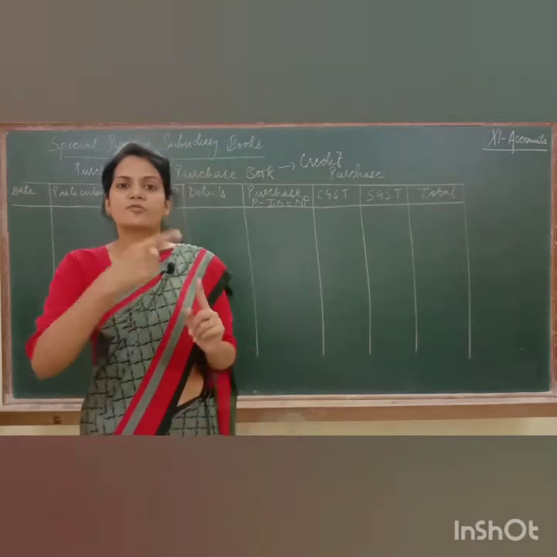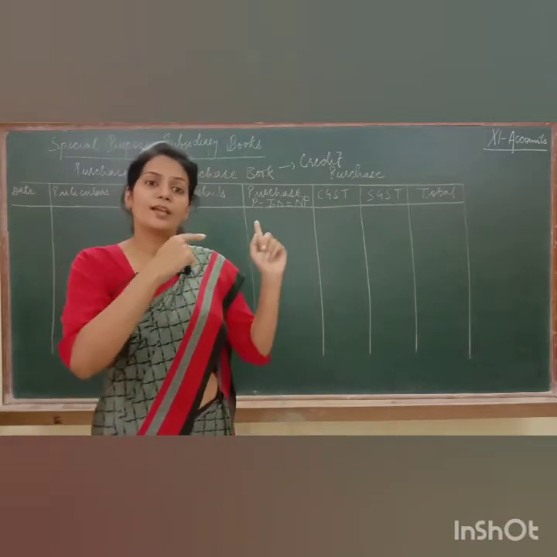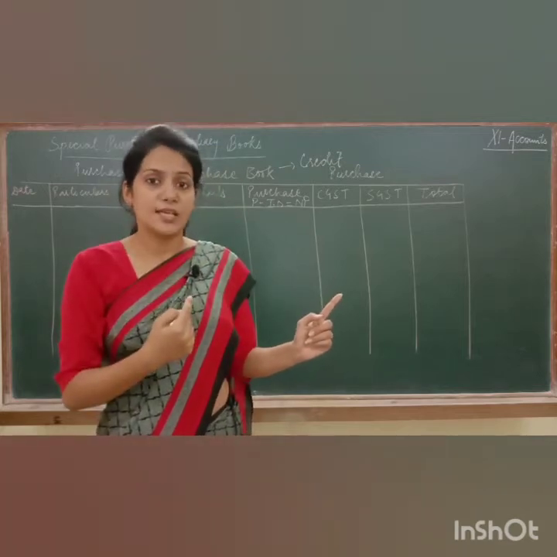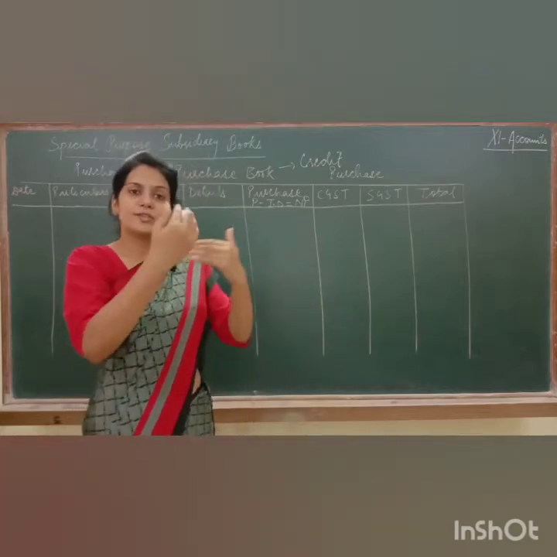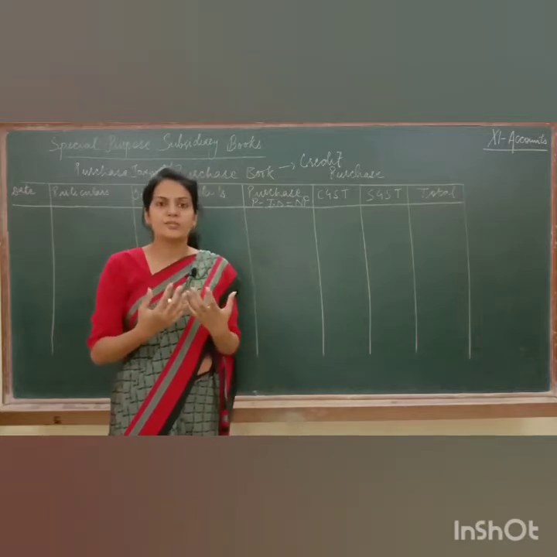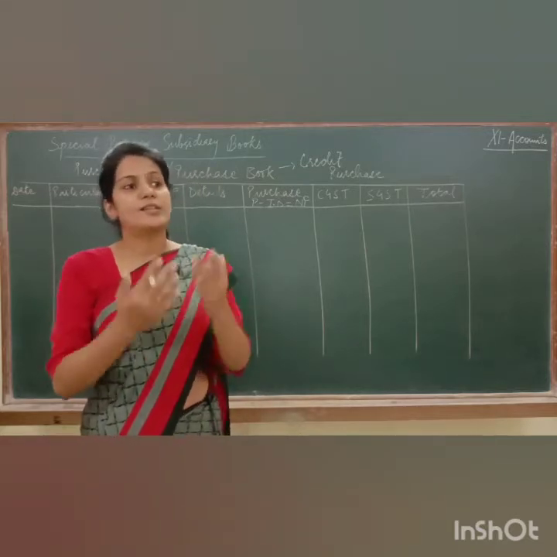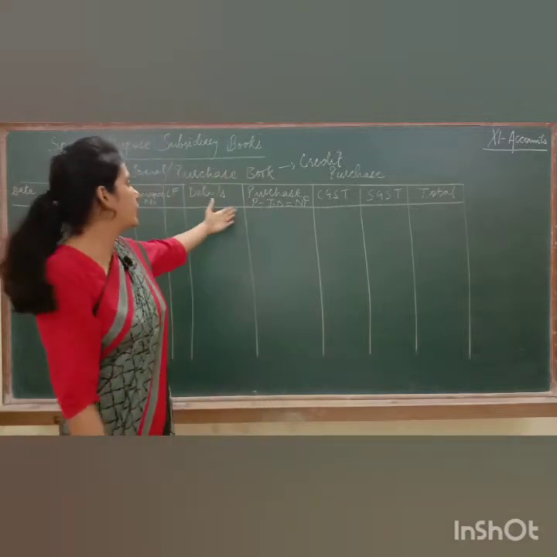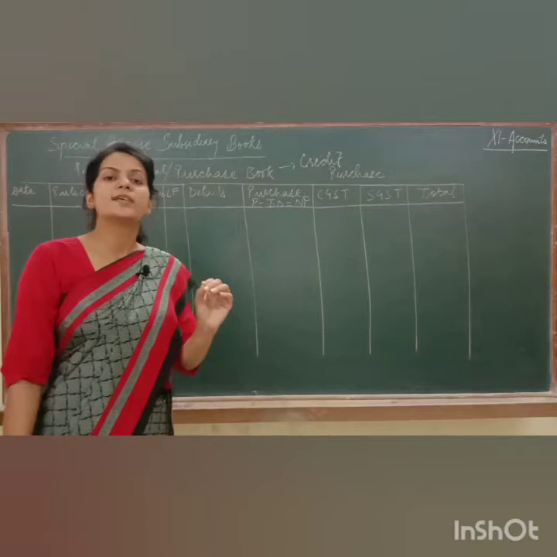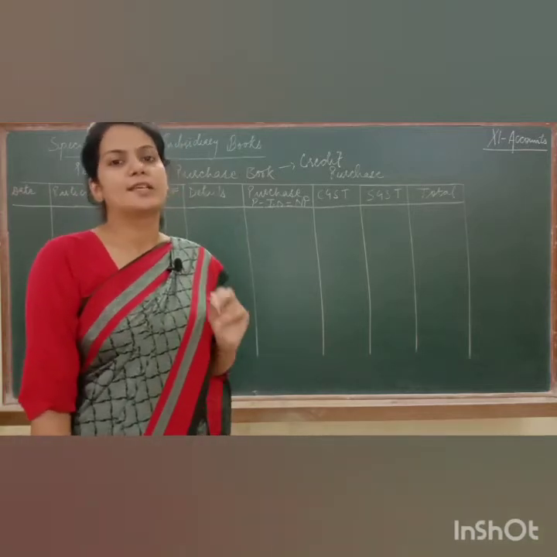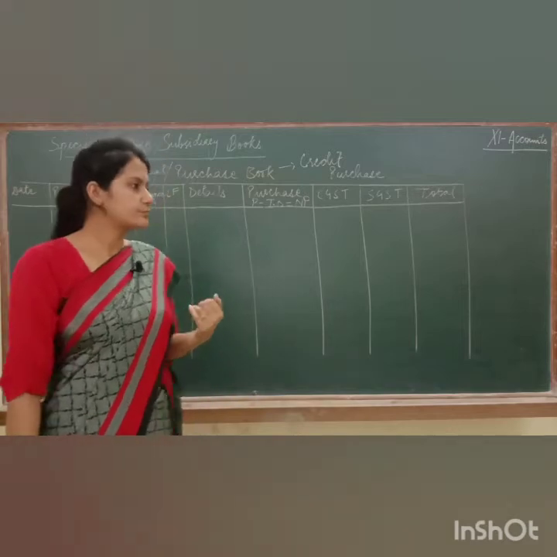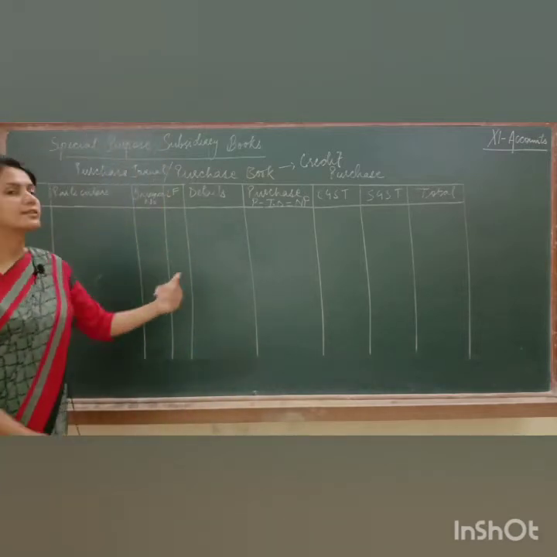No doubt this transaction is on credit, but the goods are different. Our goods are garments only, and if I have purchased a table, then the purchase of the table will not be recorded in the purchase book. In the purchase book you record only goods in which your business deals. Deals means the goods which your business buys and sells. So I hope the format is clear to you all.